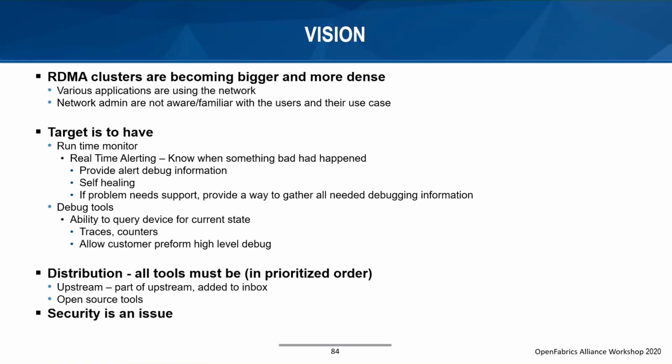So our target, or our vision, is to have a runtime monitor, which is something that will allow the administrator to monitor their network and to see whether something is broken and to get some real-time alerting on issues that occur in the network. So it's basically get some information, maybe self-healing.